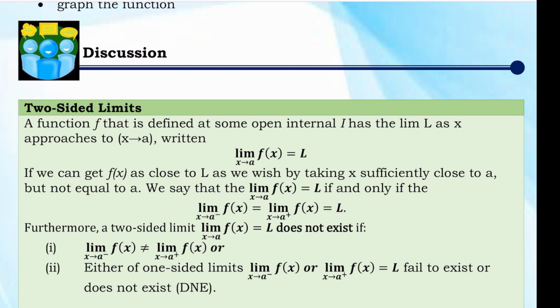Furthermore, a two-sided limit of f of x where x approaches a is equal to L does not exist if the limit of f of x as x approaches a from the left side is not equal to the limit of f of x as x approaches a positive, or the right side of a, or if either of the one-sided limits fails to exist.